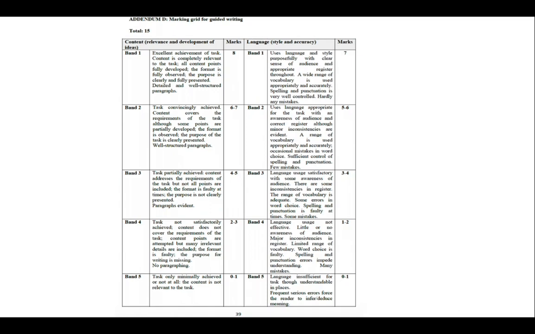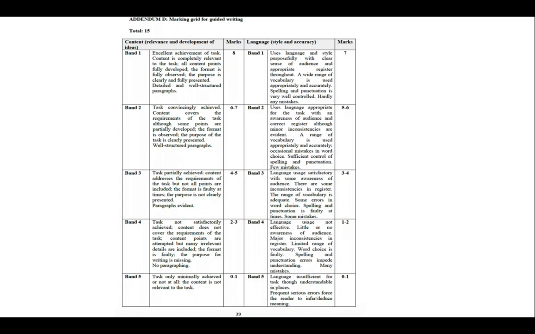What you have to do when you are teaching your learners is use this guide to help you formulate your own guide that is going to be tailored for the type of text that you're going to do. Because this one is more generic, because it's covering all the 5 assessment objectives and the different types of text. It does not state exactly that it's meant for, let's say, a formal letter, for instance. No, it does not say that.